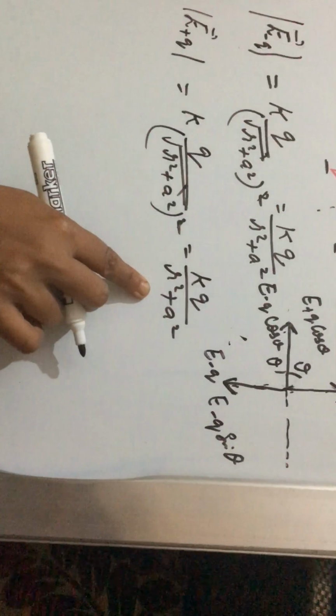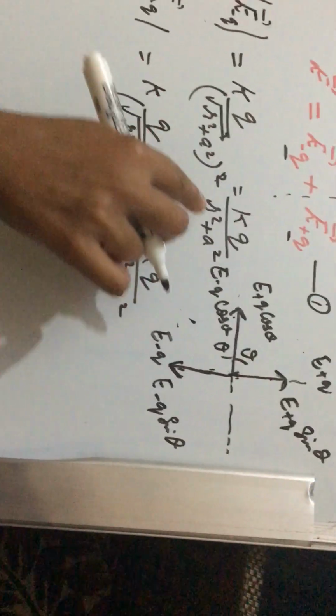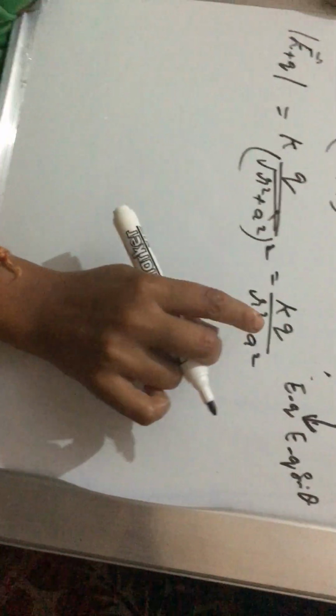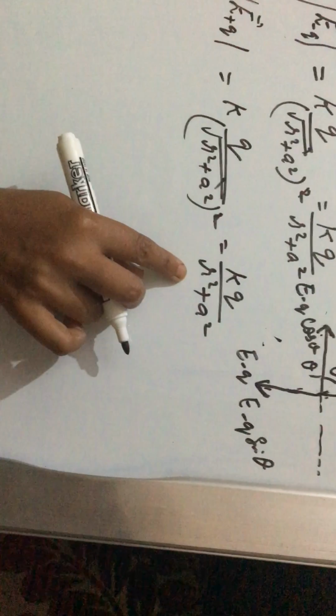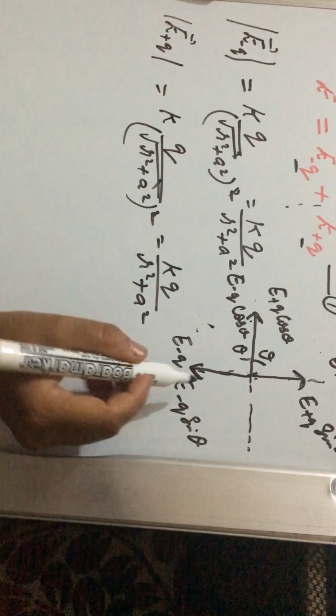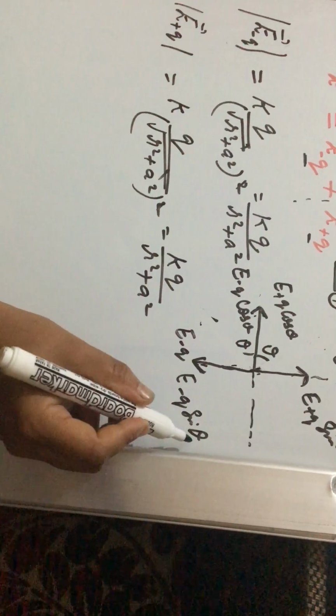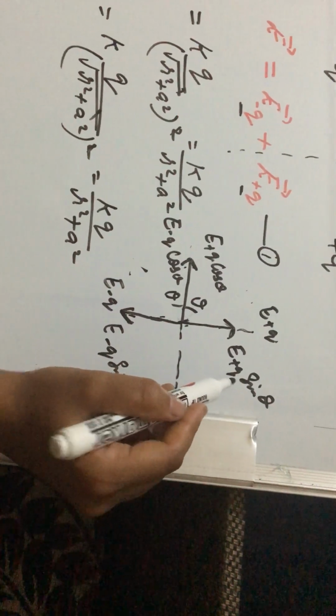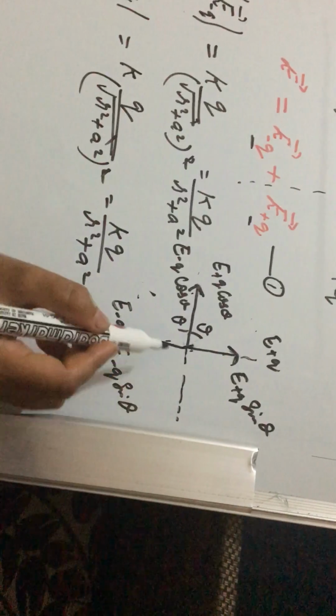Now you see it, 1 and 2, the magnitude kq by r square plus a square, both of them, the magnitude is the same. That means the magnitude of E minus Q sine theta and E plus Q sine theta are also the same, right or not? But they are oppositely directed, then what does that mean?